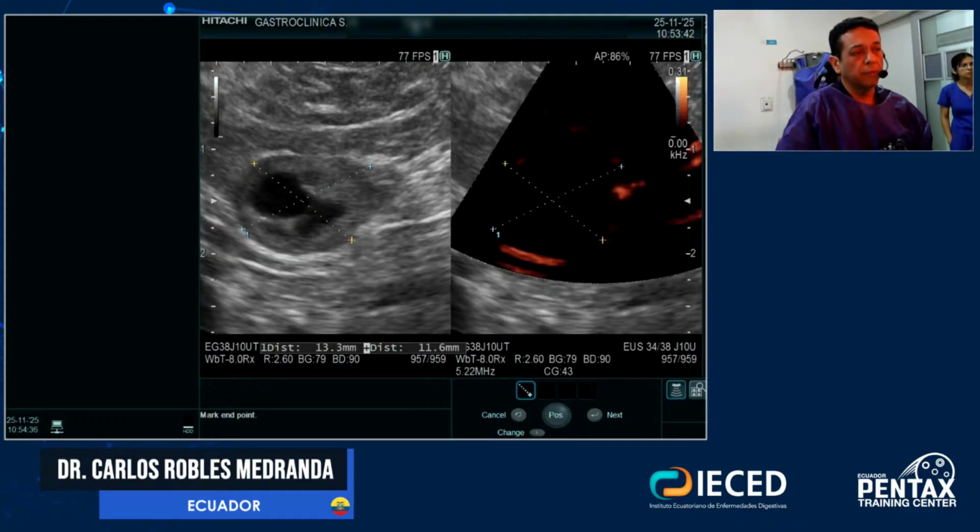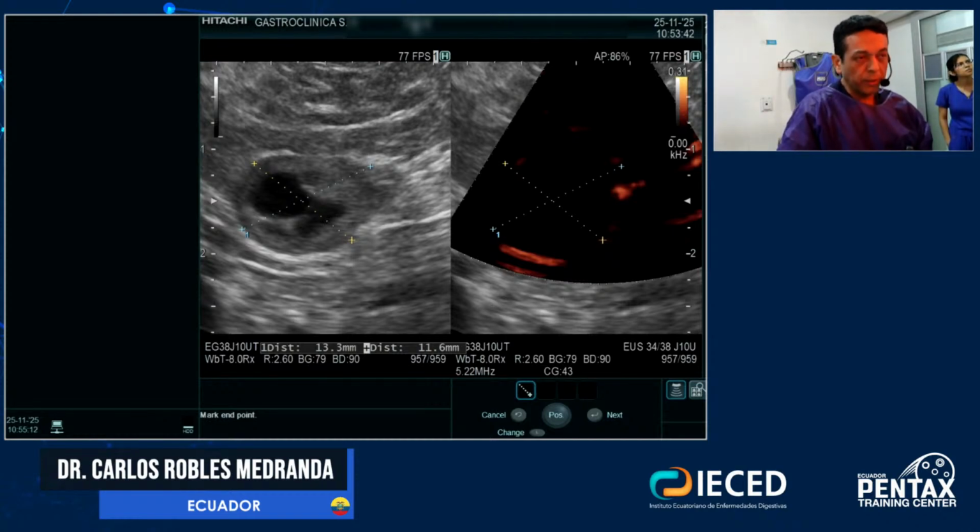The internal medicine physician sent him for a CT scan because he has diabetes, and he has been a little painful recently. That CT scan showed the pancreatic mass, and you are seeing this mass right away. The mass measures 13 by 11 millimeters, right? So it's not a big lesion, it's less than 2 centimeters.